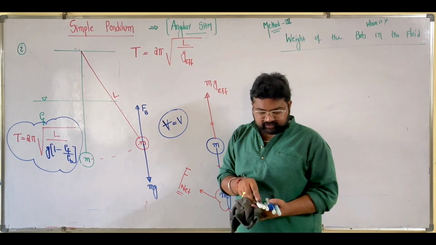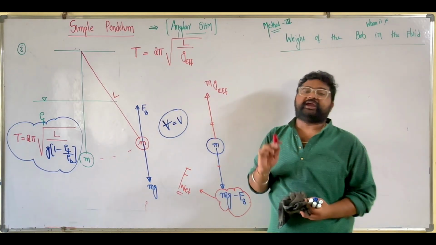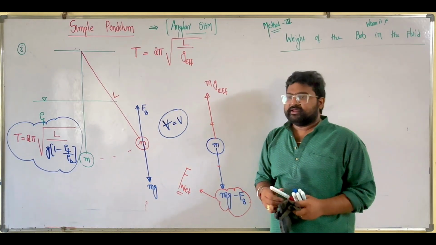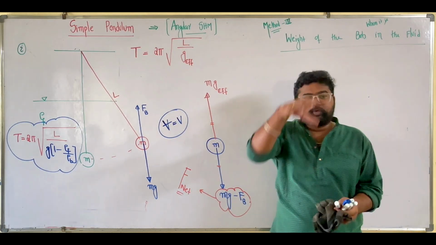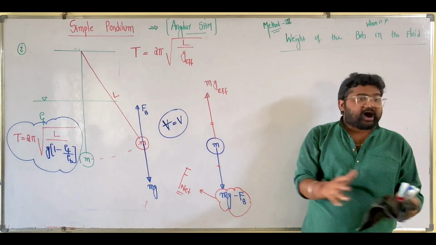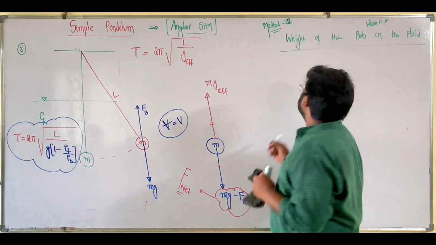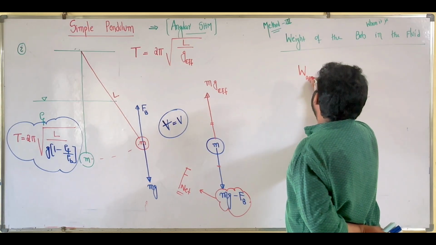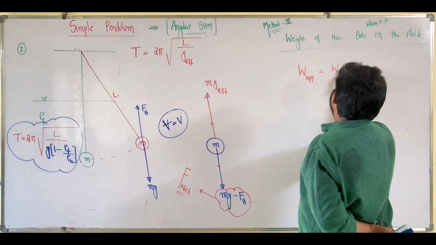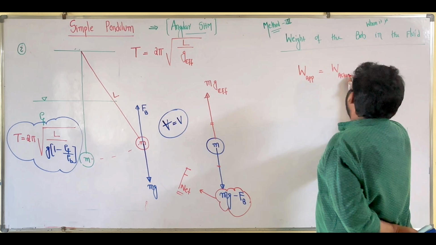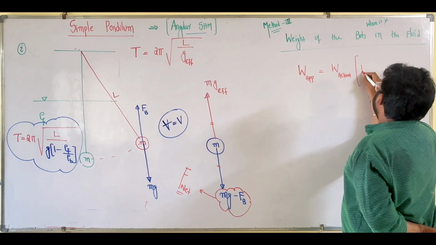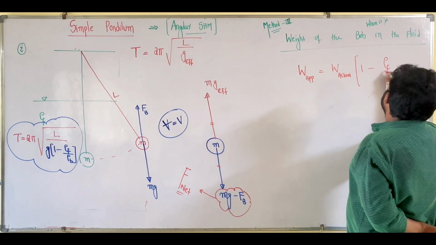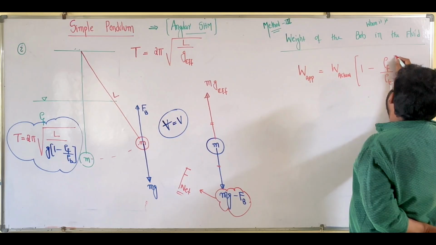Clear? So you need to take apparent weight calculations. When the bob or body is moving in the water environment, that is how much? Apparent weight. What is the apparent weight? Actual weight into 1 minus density of the fluid by density of the bob.